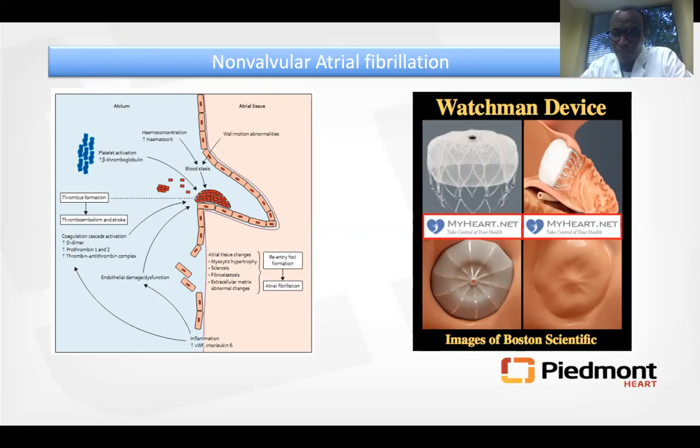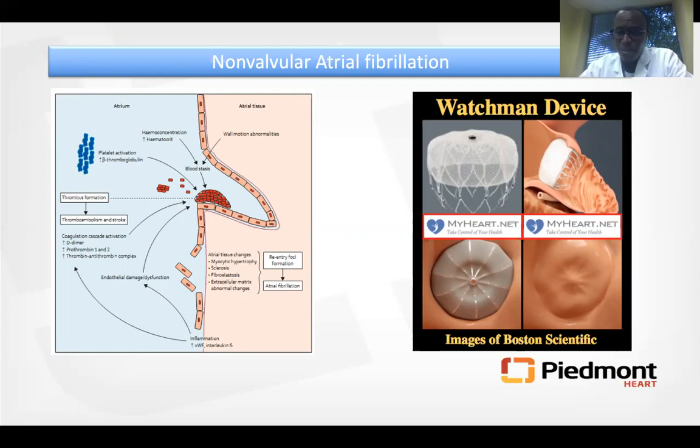What happens with atrial fibrillation, as you probably know, is the development of blood clot in the left atrial appendage. And what we usually do for those patients is to initiate blood thinners or anticoagulation therapy to protect them from future stroke development.